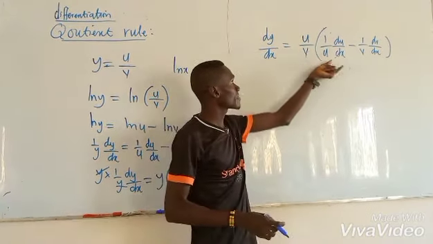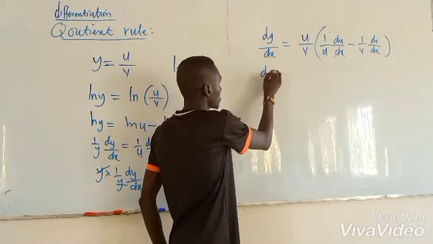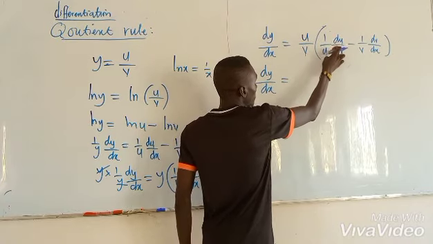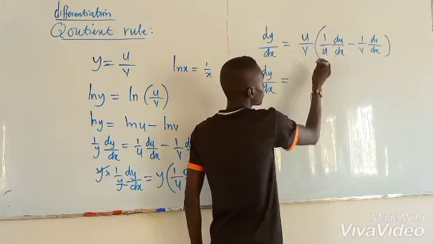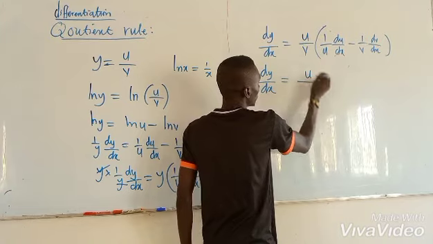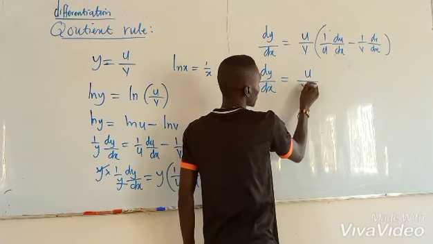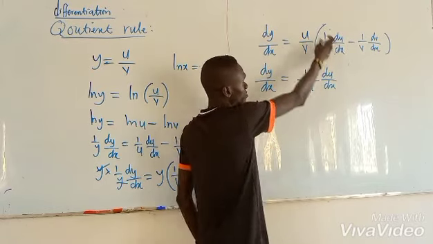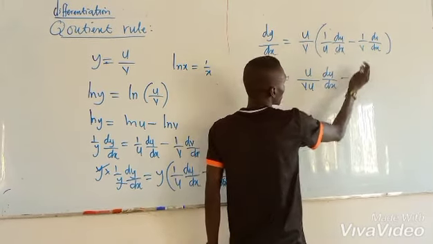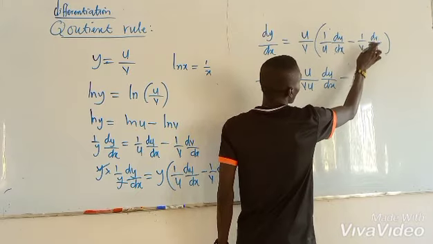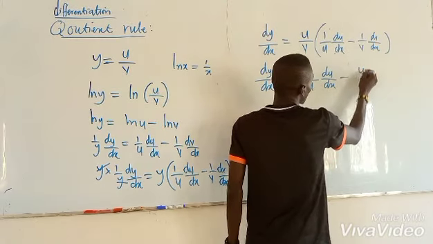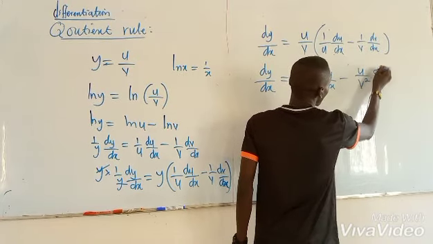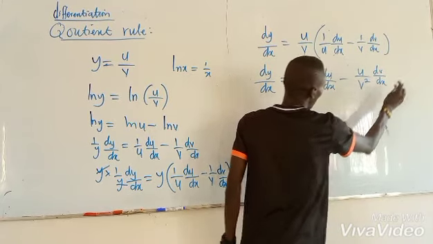Now we can expand the bracket. So dy/dx equals u over v times 1 over u du/dx, which is u times 1, u over v times u, I'm having vu, then I'm bringing my du/dx. You should take note of how I expanded this. Then minus u over v times 1 over v: u times 1, which is u, over v times v, which is v squared, and I'm bringing my dv/dx.